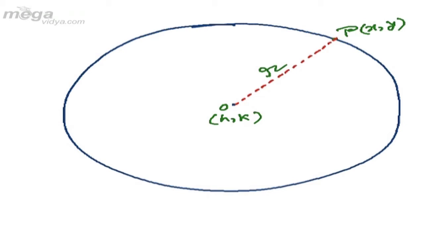Basically, what is an equation? The equation is the relation between all the coordinates which satisfy this condition, that it is always moving at a constant distance from this fixed point. That is the relation between this x and y with the help of these two.